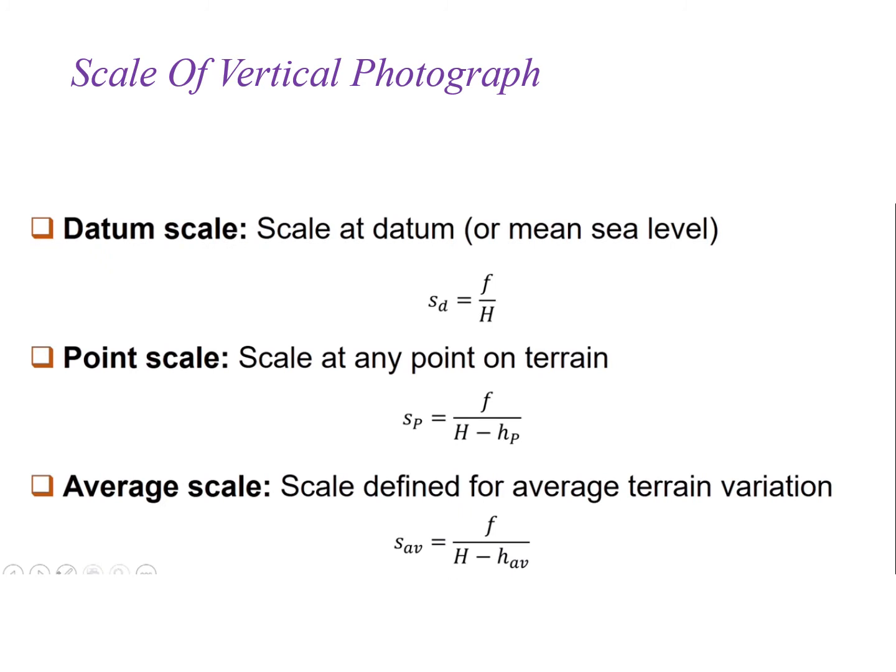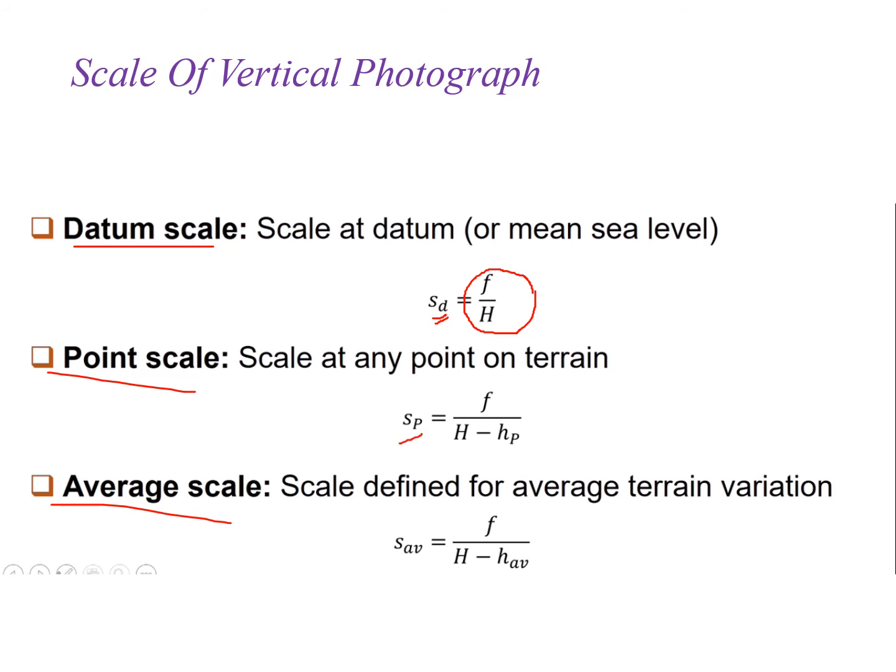So basically we usually express scales in three different forms. One is called the datum scale, another is the point scale, and the third is the average scale. What is the datum scale? Usually the datum is taken as mean sea level. We express datum scale as SD, which is always the ratio of your focal length and your flying height. The second one is the point scale.